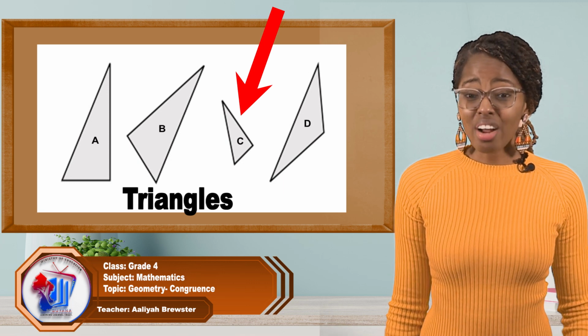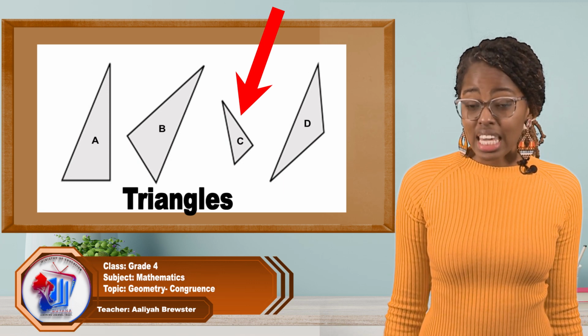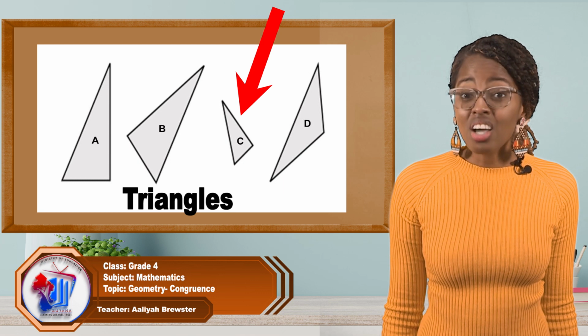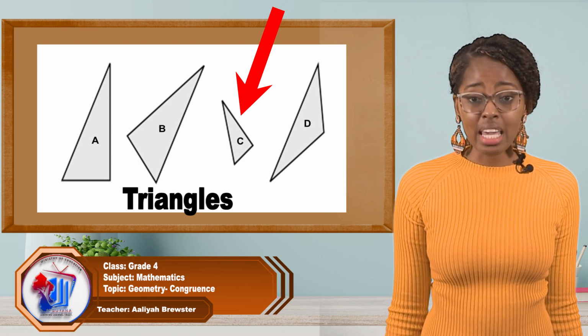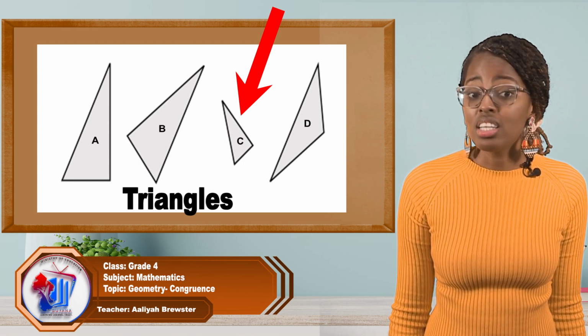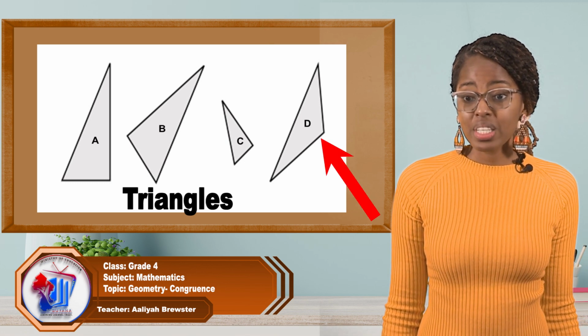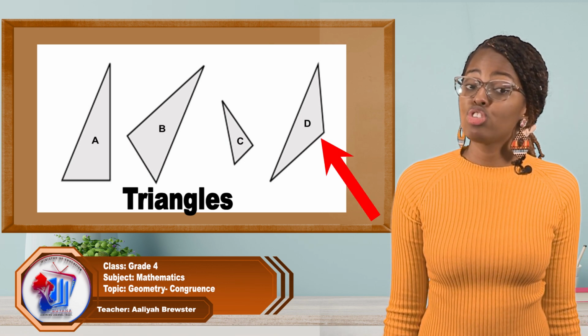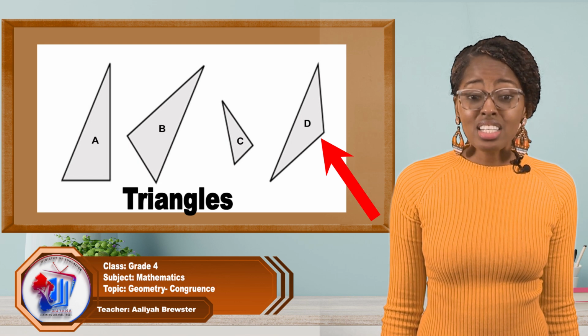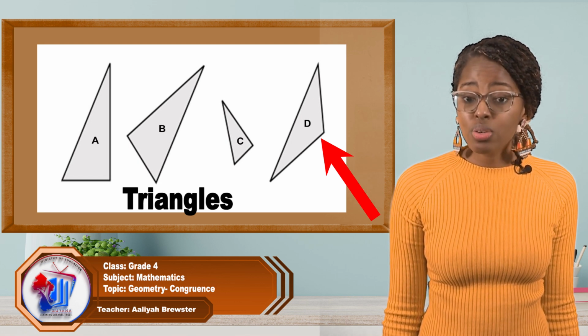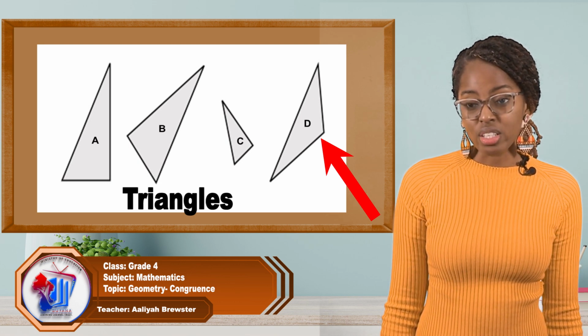While the third triangle is similar to A and B, it is not the same size as A and B, therefore it is not congruent. The last triangle, triangle D, is neither similar nor congruent to any of the other triangles.